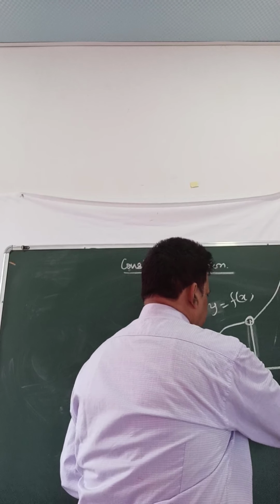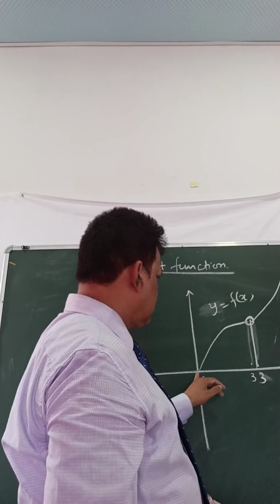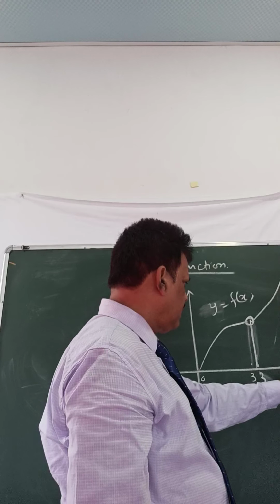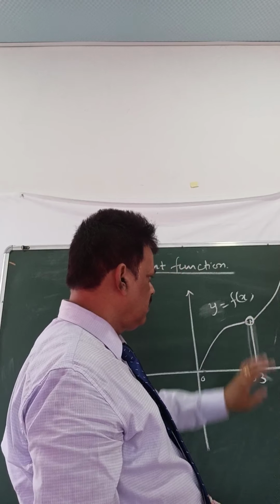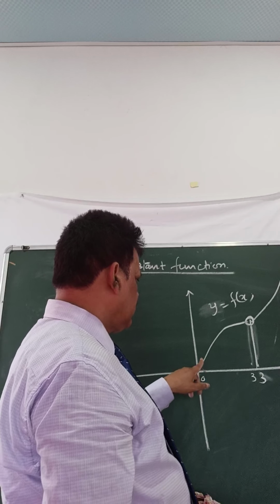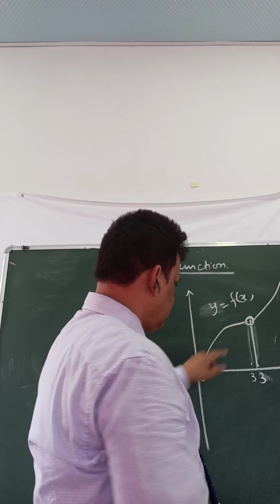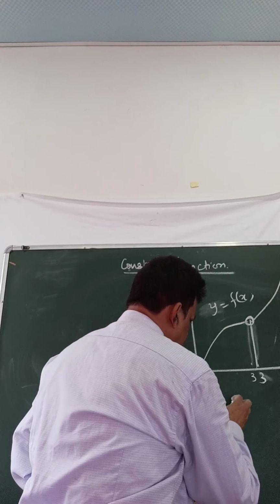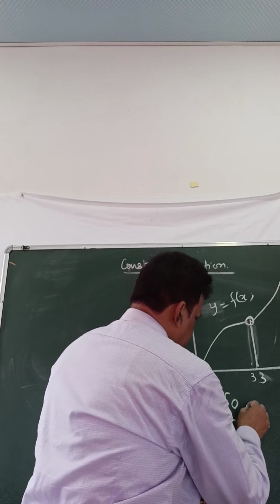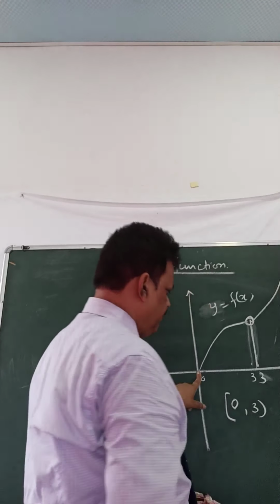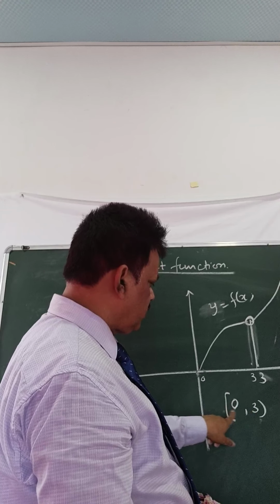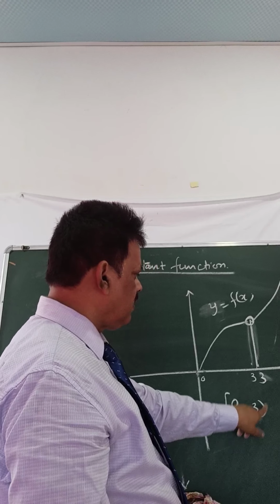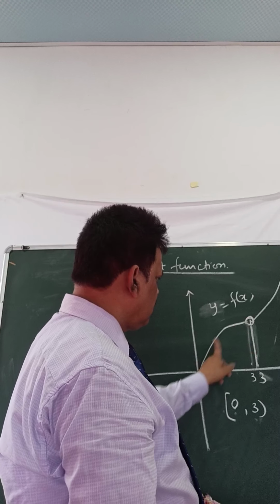So what you observe here is this graph from 0 to 5 is not continuous because there is a break at 3. But I can say 0 to 3, look here, 0 is included, 3 is not included here. 0 to 3, semi-closed, means this side is closed and 3 is open, is continuous.